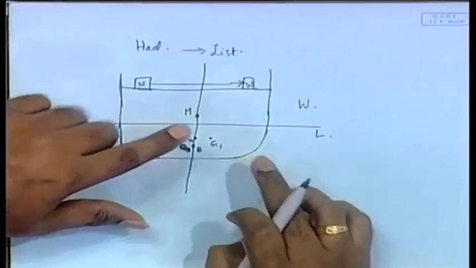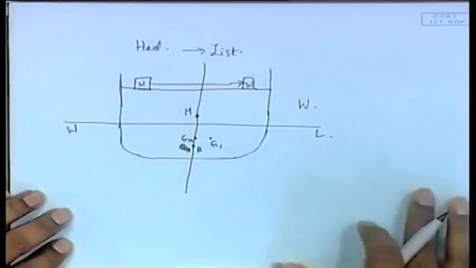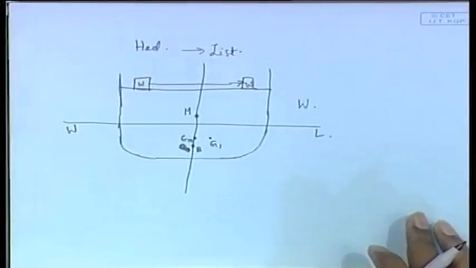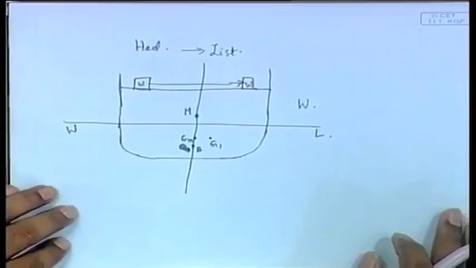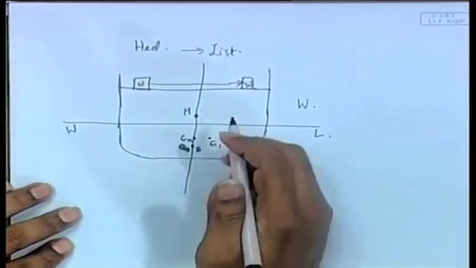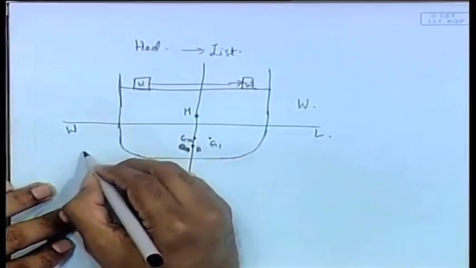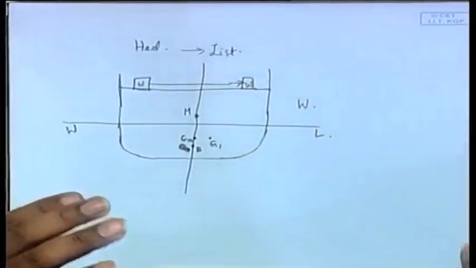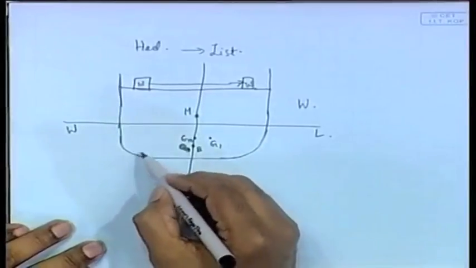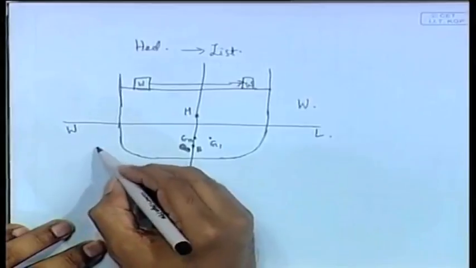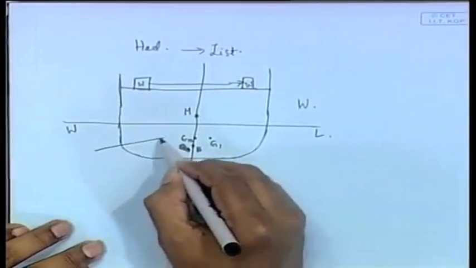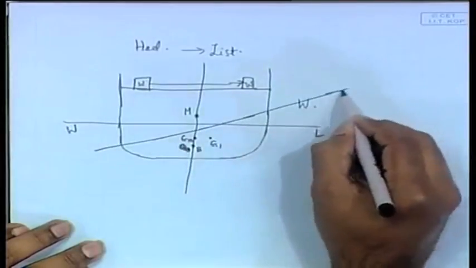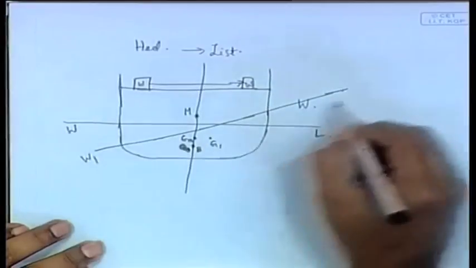Then for this case let us derive some relations. What will happen if there is a shift of weight? The whole ship will actually incline, heel, that is listing. Let us say the body has heeled like this, W1 L1.